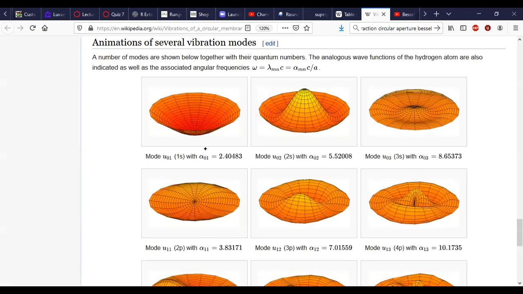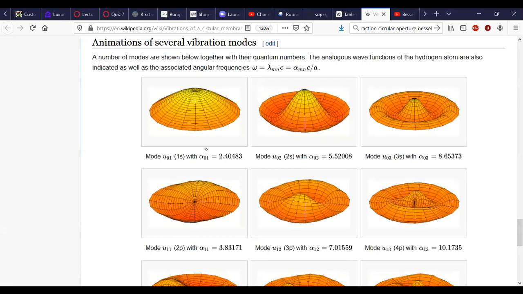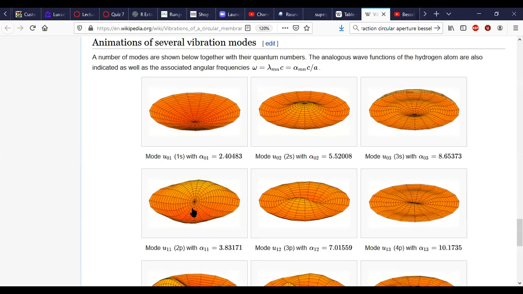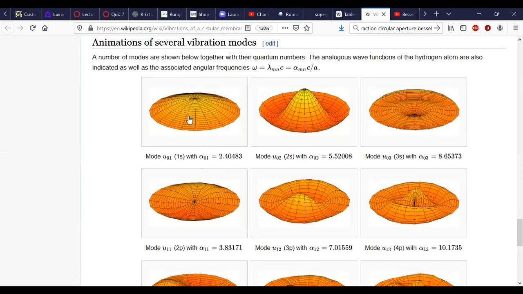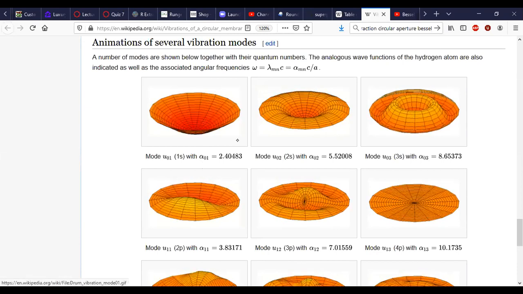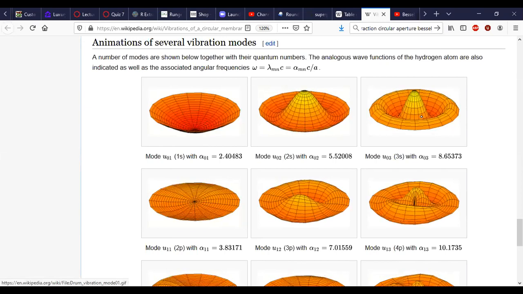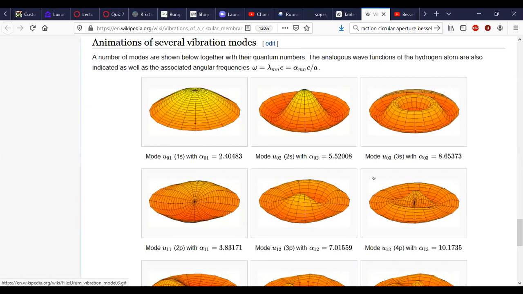These are the normal modes of a circular membrane. If you hit the thing off center, you might see something like this. If you hit the center of the drum, you might see something like this. And they're animated in time, so you can see low frequency, higher frequency.